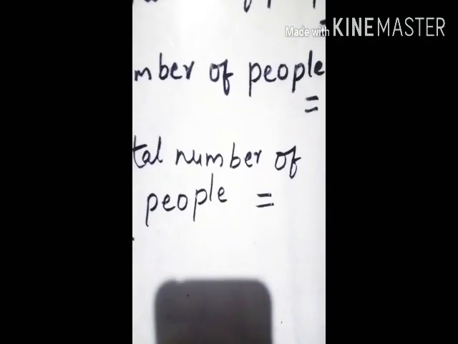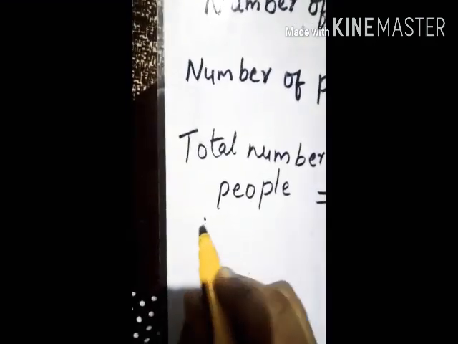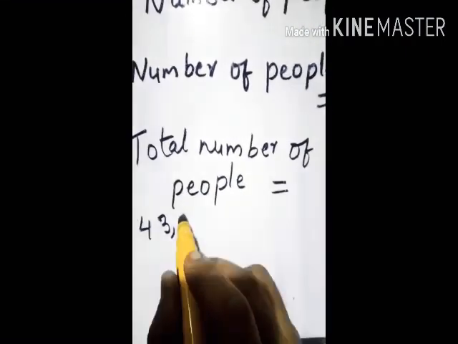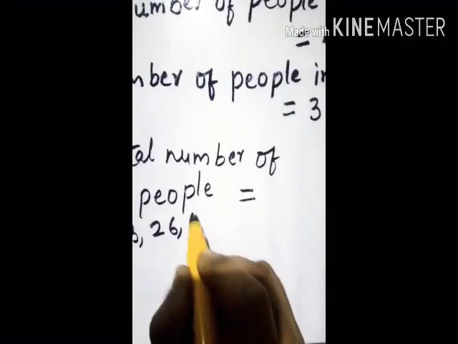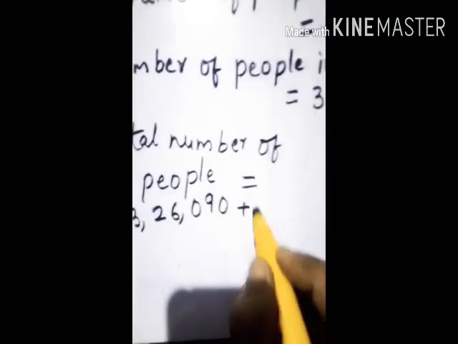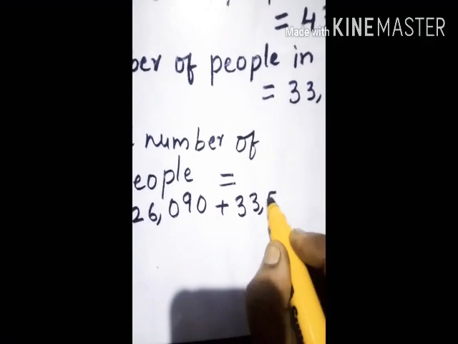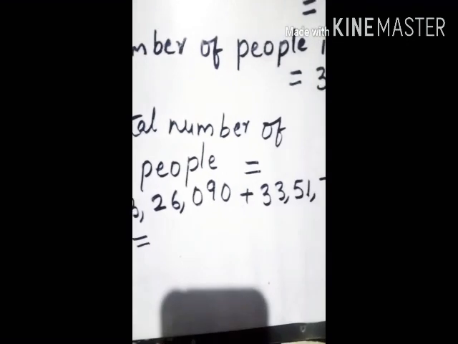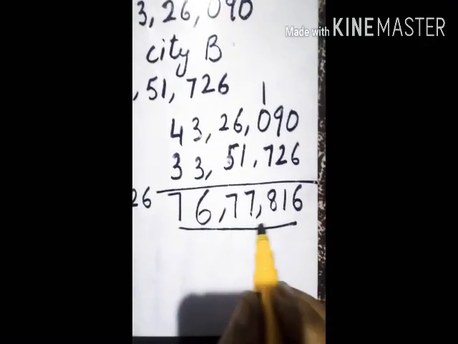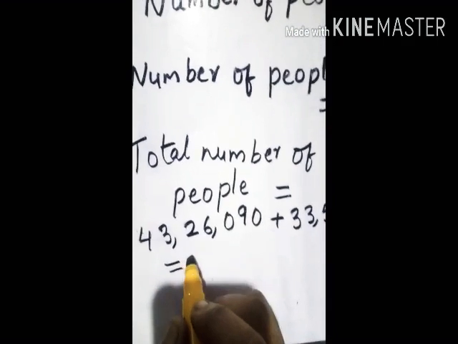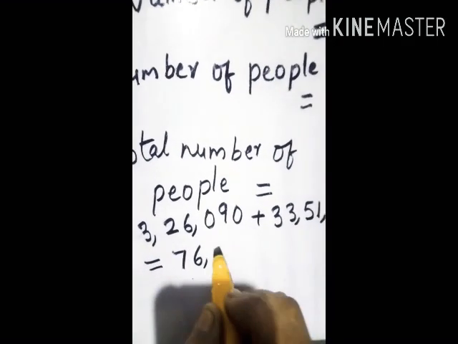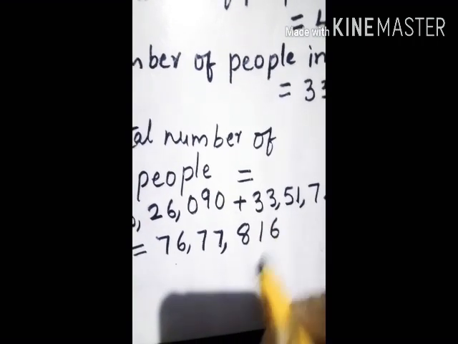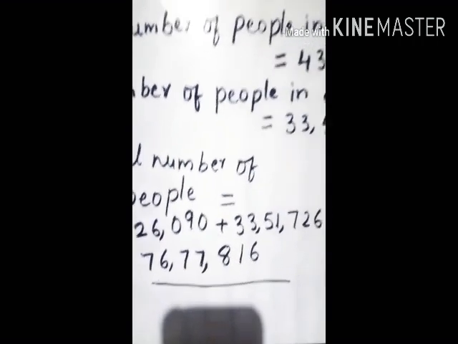You already added this, so that also you write here: is equal to 43 lakh 26,090 plus 33 lakh 51,726. What is the answer? 76 lakh 77,816. That you write here. 76,77,816. This answer you got. Okay.